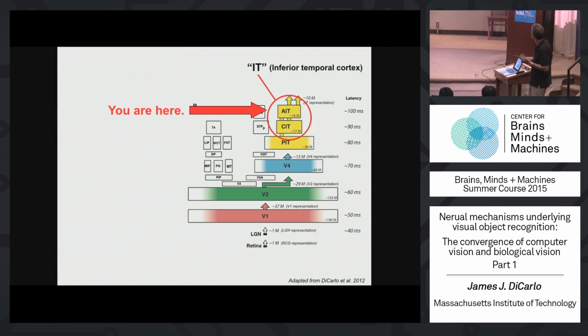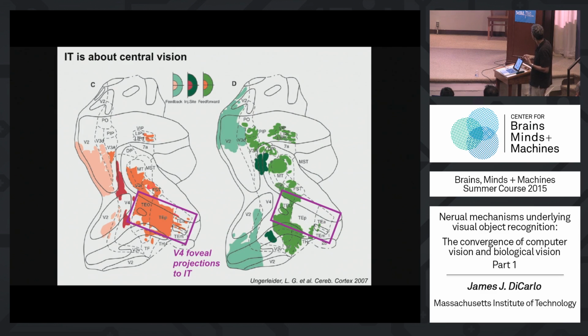So let me go on to IT, which is what I want to talk about for the rest of today. Again, I'm talking about AIT and CIT. Let me just quickly say that the anatomy again suggests that IT is the central 10 degrees. Even though V1, V2, and V4 cover the whole visual field, if you make injections in V4, shown here, on the more peripheral parts of the V4 representation, which is up here, you don't get much projection into IT, which is here.